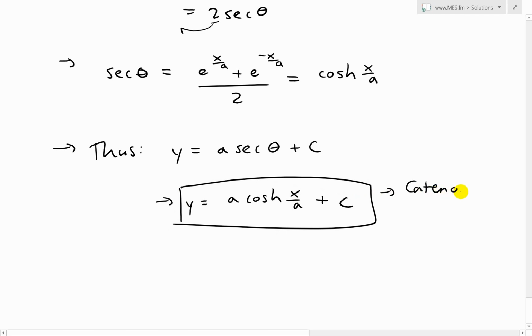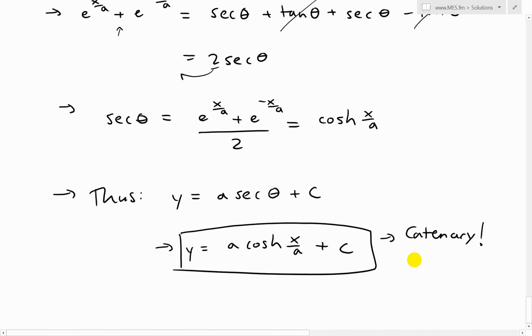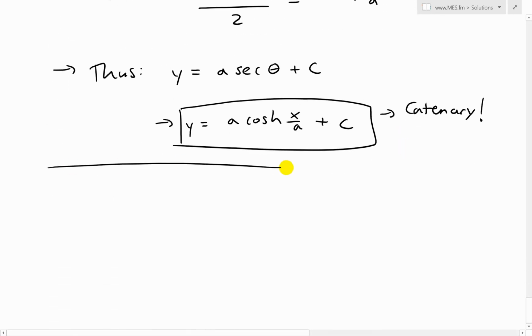Amazing. But we're not done yet. It's actually quite fascinating, doing all this random stuff to get to it. But we're not done yet, because if we subtract instead of add, we get, let's write also, e to the x over a minus e to the negative x over a.